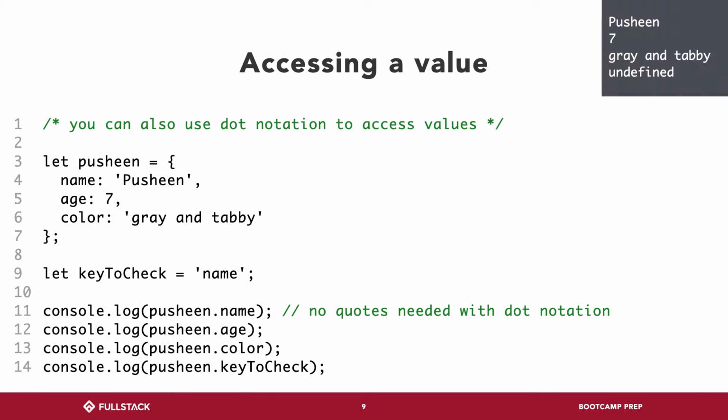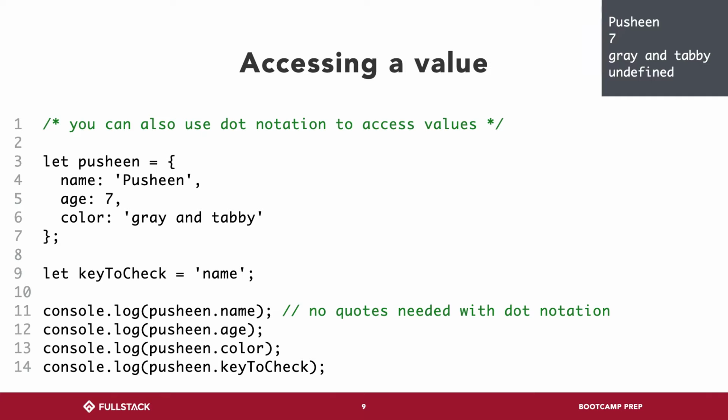Why do we get undefined when we're looking at pusheen.key to check? Because there is no key to check. There's nothing to retrieve. There is no key value pair where the key is key to check. That is what dot notation is doing: it's taking everything to the right of the dot and treating it as a string.